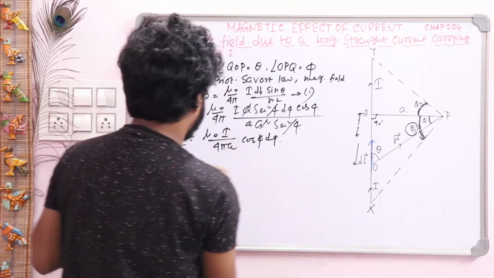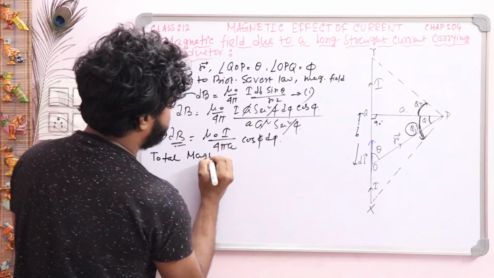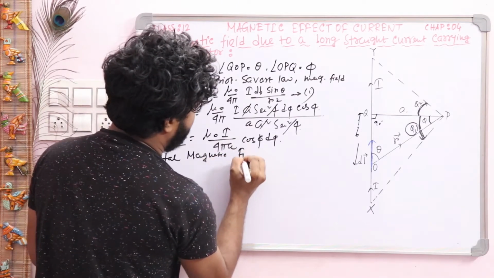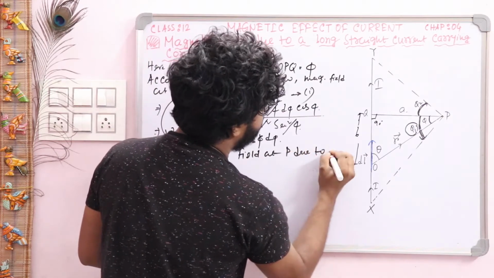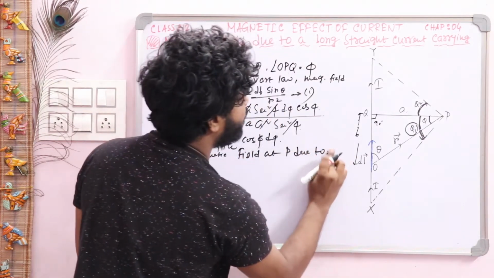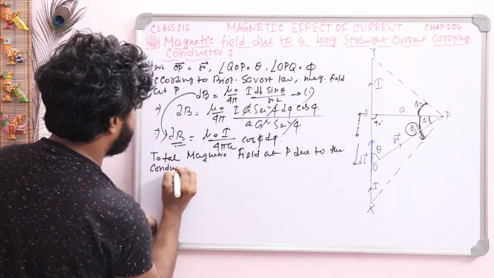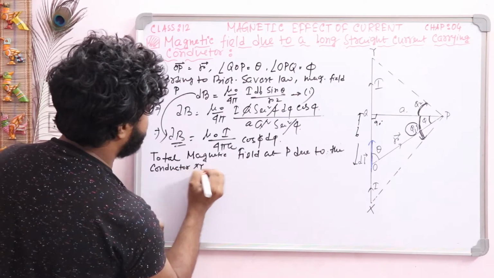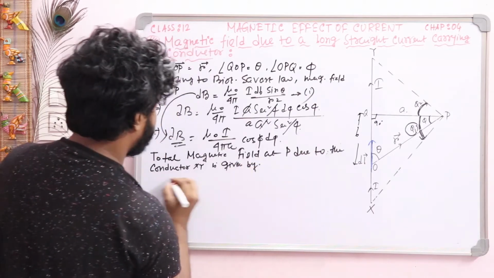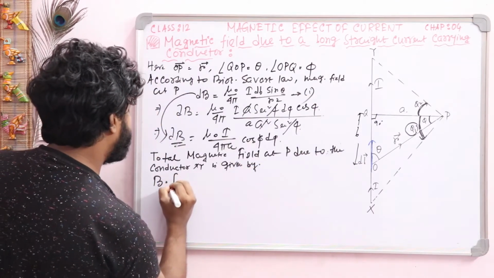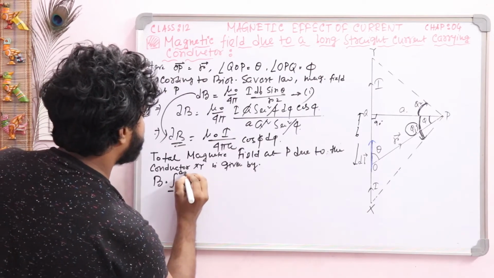So write it: total magnetic field at P due to the conductor XY is given by B equal to integration of dB, and the limit will be minus phi 1 to plus phi 2.